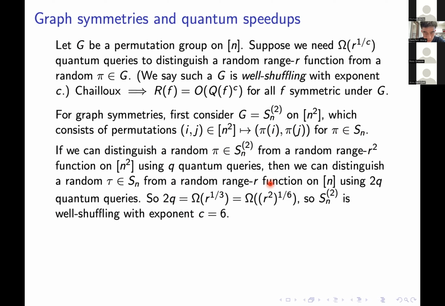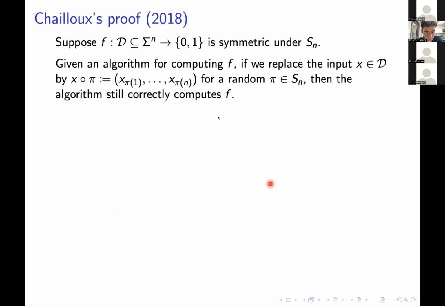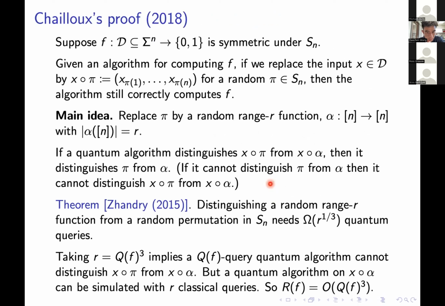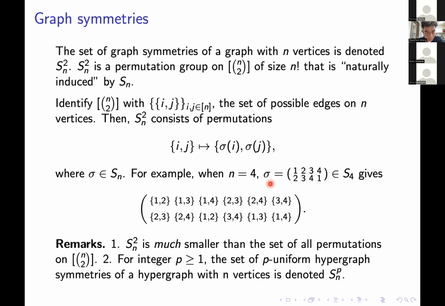Okay, maybe let me move closer to the mic. You said earlier that S2n, the permutation group on 2 elements, is much larger than Sn. Okay, so far so good. But you have this object Sn upper index 2 introduced, in which is it different from Sn as a group? That's my question.